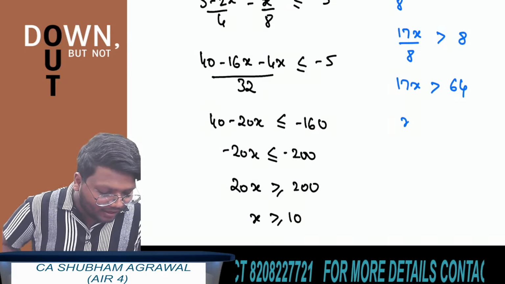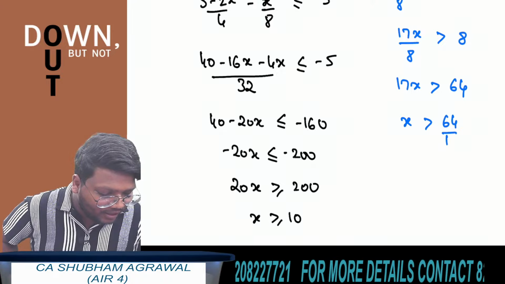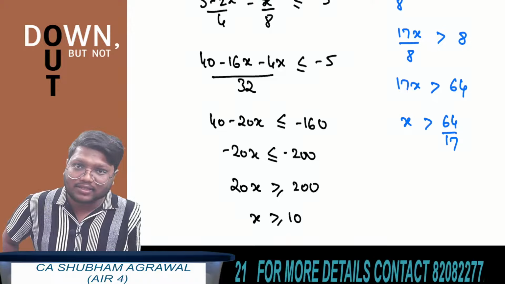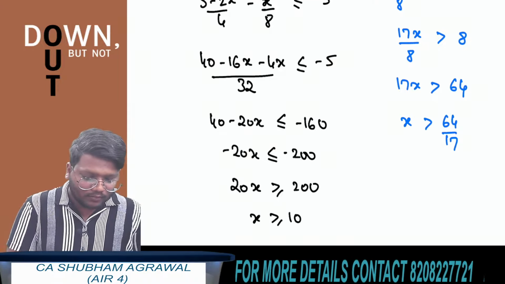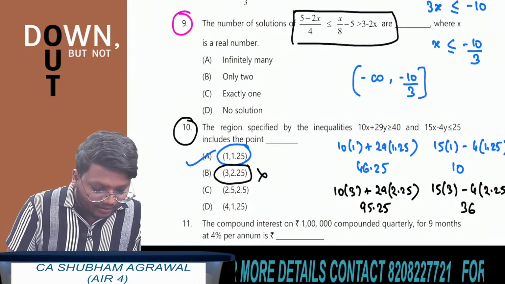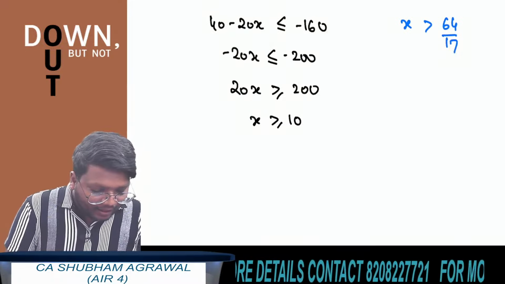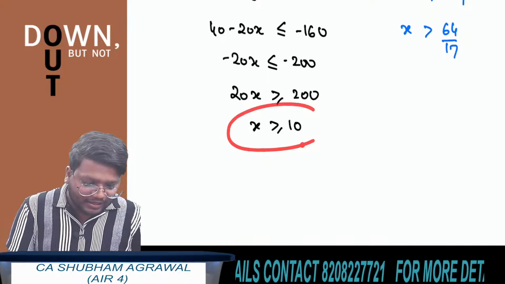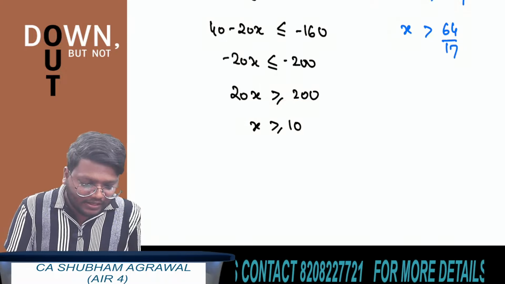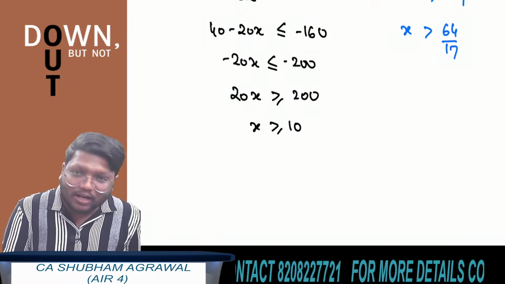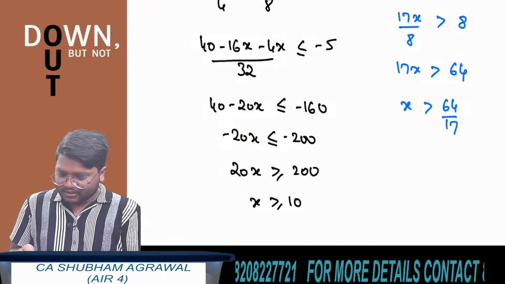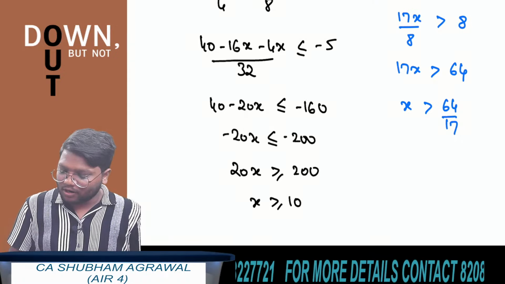So what we can write? x is greater than 64 divided by 17. And now see one thing. If you are taking the intersection of these two things, what we can say? x is greater than or equals to 10, and here what we have got? x is greater than 64 by 17. 64 by 17 in decimals is what? 3.76.